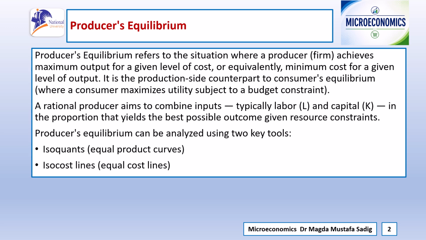Therefore, the producer must find the best combination of labor and capital. Economists analyze this decision using two important tools: the isoquants, equal product curves, and the isocost lines, equal cost lines. These tools help determine the optimal combination of production inputs.